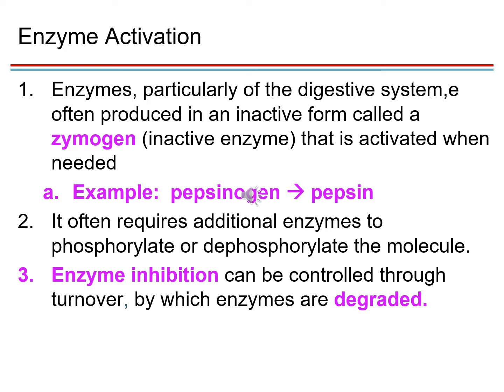One simple example is pepsinogen. Pepsinogen is produced by the chief cells in the stomach, under the pH 2 produced by another type of cells, the parietal cells, that produce hydrochloric acid. That pepsinogen, an inactive form, can be activated by this acidic pH and converted into pepsin.